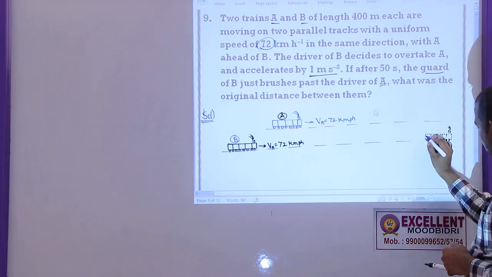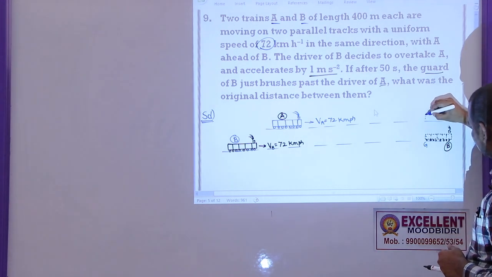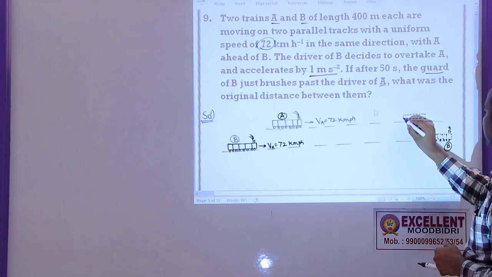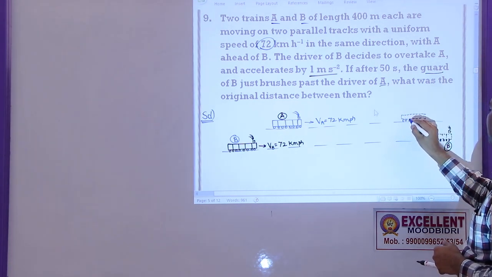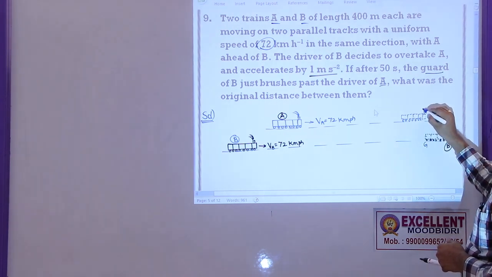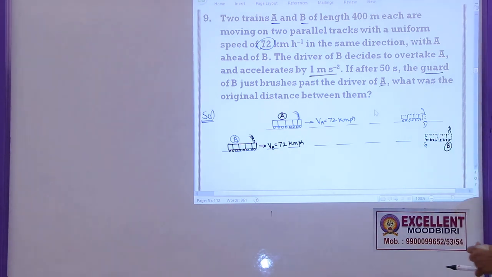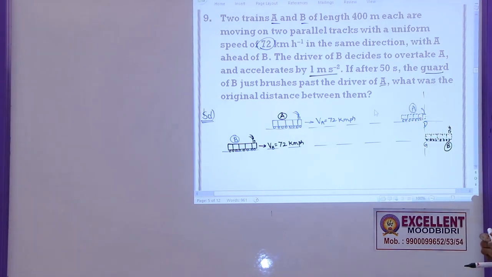This is the guard, let me take this as G, and this is train A. This is the driver of train A. So the guard just brushes past the driver of train A. This is the given situation.